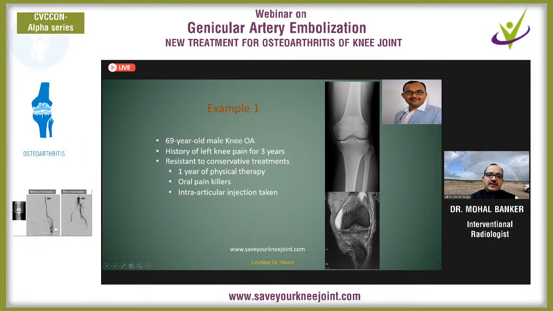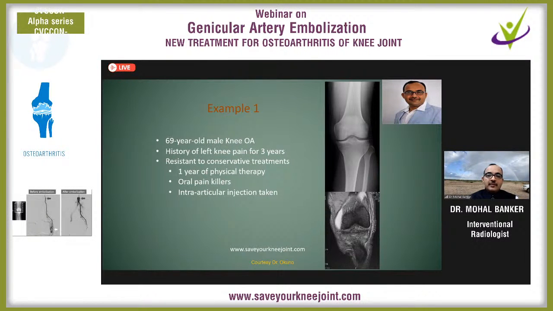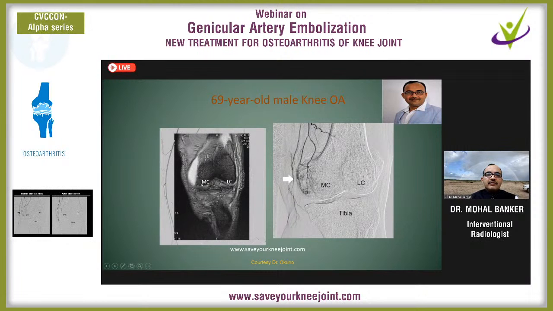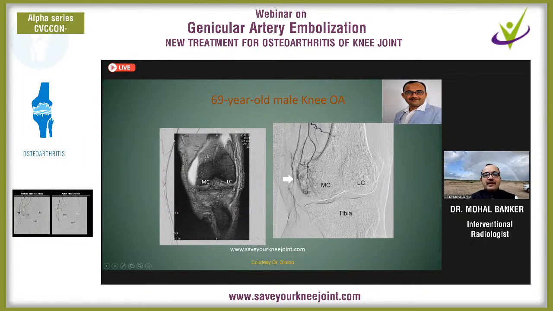The joint space is still preserved, but the patient has had continuous pain for 3 years, and has taken lots of non-operative treatment, but the patient is still complaining of pain. The MRI shows synovial effusion near the medial condyle of the femur, and at the same site, selective genicular angiography shows hypervascularity. The combination of the MRI, which is a sign of chronic inflammation, and the selective angiography confirmation is a good indication for genicular artery embolization.